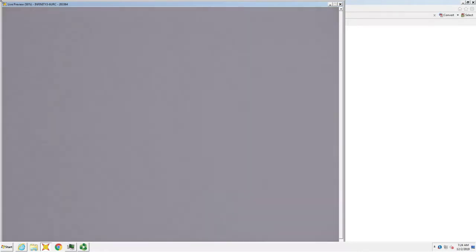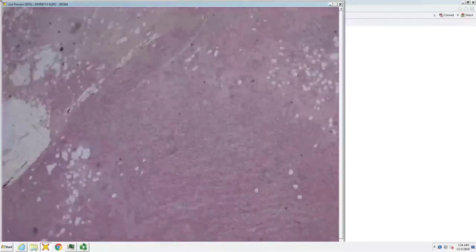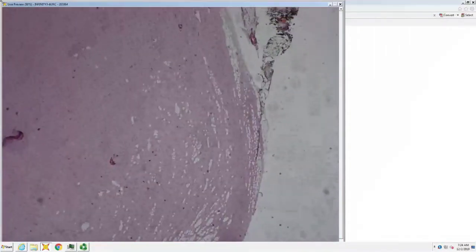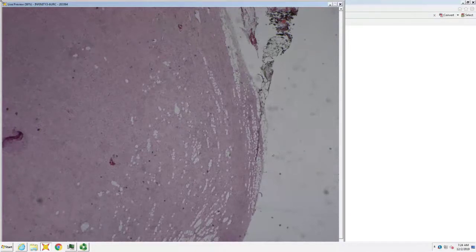That one. Very large, invading fat. I think I'm thinking DFSP. So invading fat and leaving fat in single file rows of lipocytes, which when you see that is almost always DFSP.